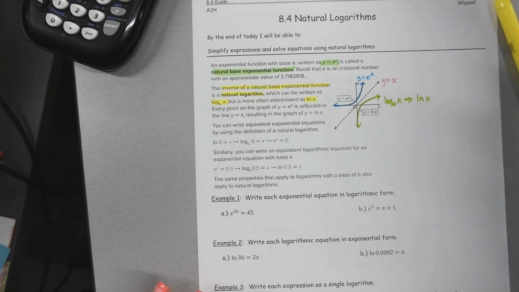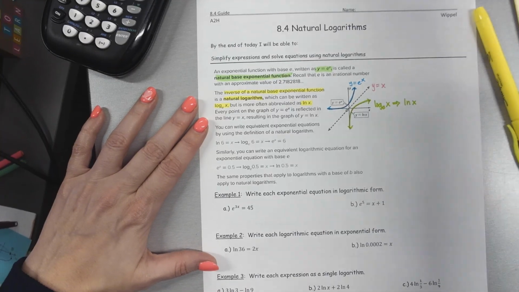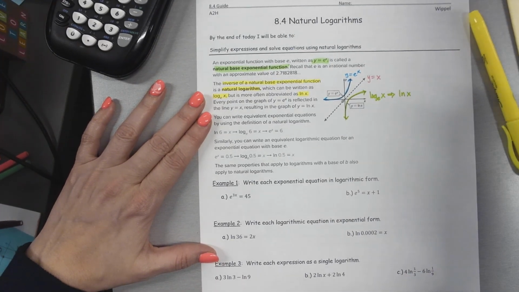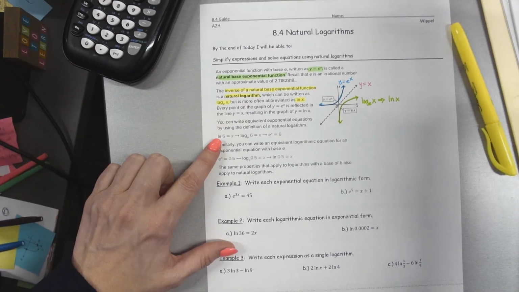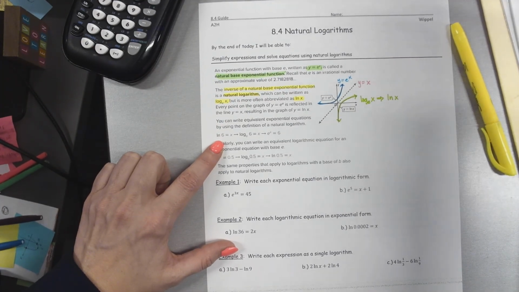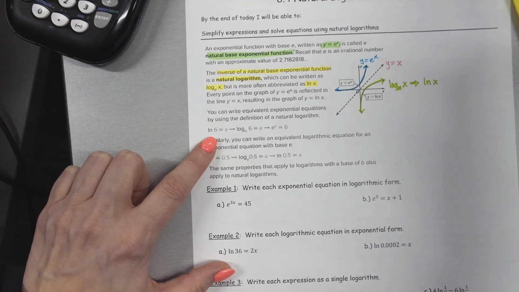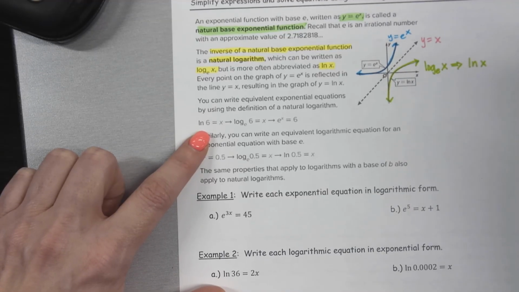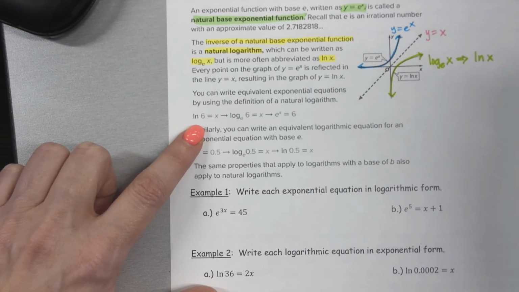All right, now the next thing you guys read about was that you can write equivalent exponential functions using the definition. They give you this example: the natural log of 6 is equal to x, and that is log base e of 6 equals x, which is e to the x equals 6.